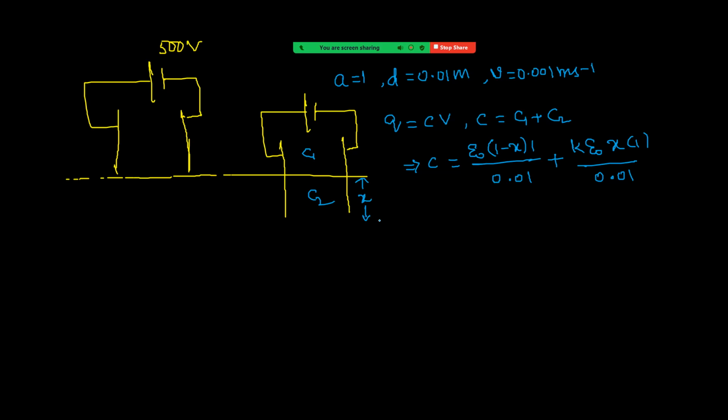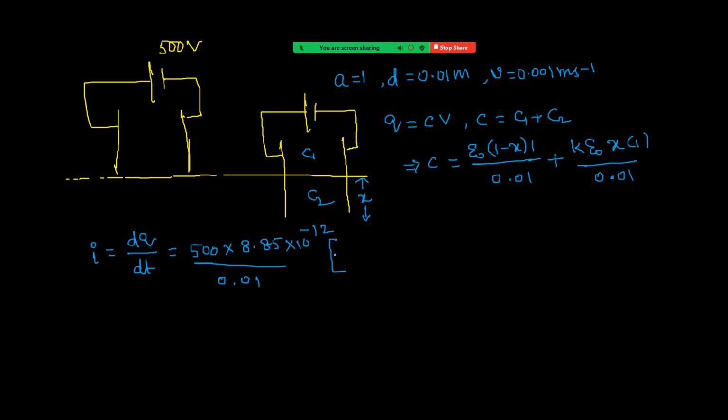Now see, we can differentiate this. Current equal to dq by dt. So C into V, value 500, I'm taking it outside. Epsilon naught, take it outside. Epsilon naught value is 8.85 times 10 power minus 12. Taking this also outside, and d value also, take it outside, by d value 0.01.